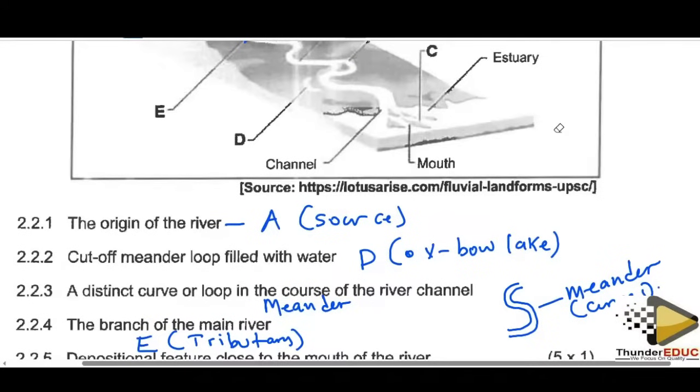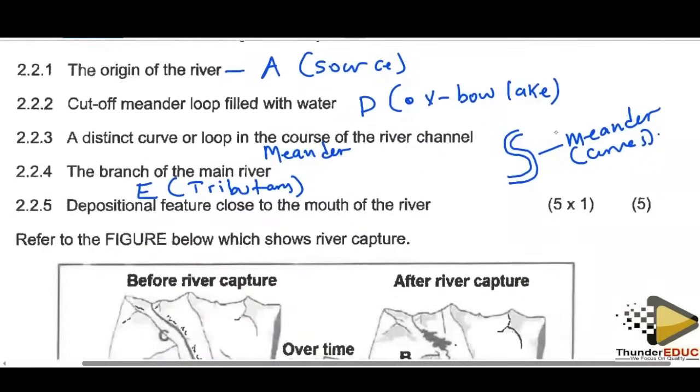So this is the river mouth. Now, when they say the positional feature close to the mouth, so they are referring to this, which is point C. So that could be point C, or could as well say a delta.